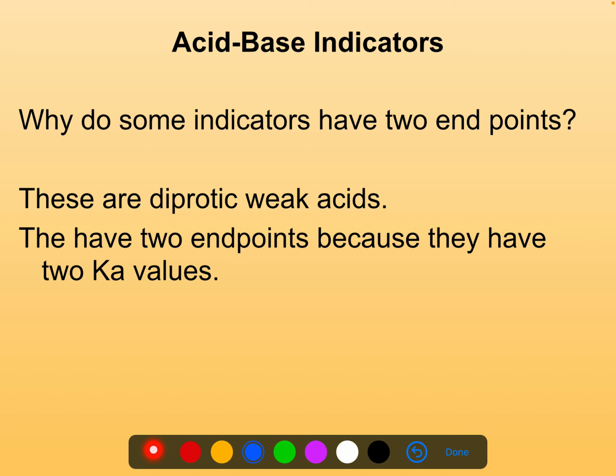It has 5 different indicators and their pKa values, showing you what color change occurs. Whatever pH you find for 1A, which indicator has the closest pKa value? That's going to tell you which indicator you need to use for that first titration that we're doing tomorrow.